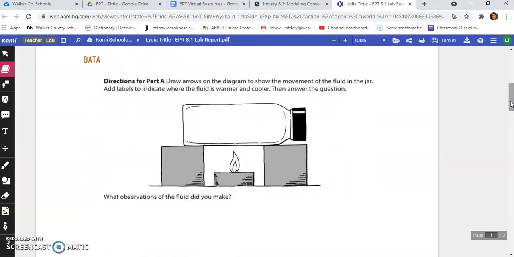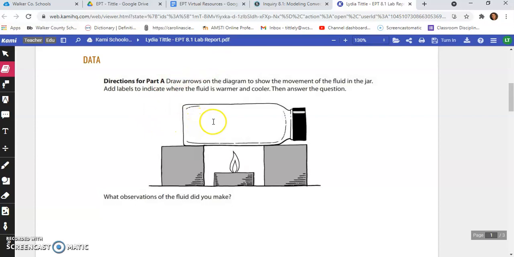All right, for our data, we're going to be using in class the setup that you see here. We have a special type of fluid in the jar that reacts to heat, and we're going to use a tea candle to create our heat. I'm going to show you a couple of video clips so that you can see this demonstration actually taking place.